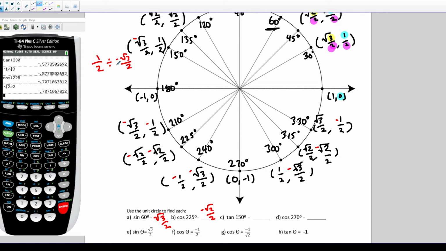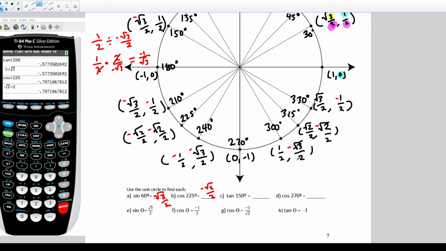And when we're dividing two fractions, it just means we're going to multiply the first fraction by the reciprocal of the second fraction. So this will be 2 over negative root 3, and the 2's will factor out, which means we have negative 1 over root 3. So negative 1 over root 3 is what we end up with.